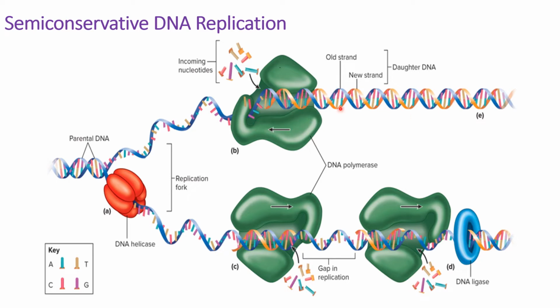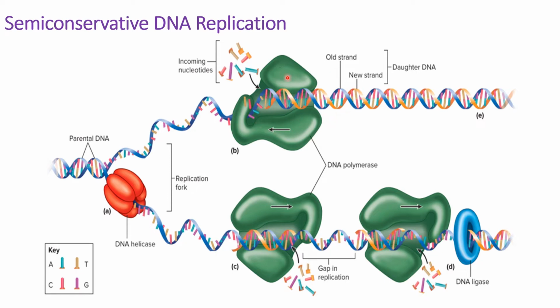We end up, again, with a double-stranded molecule, where one strand was the original parent DNA, and there is a complementary new strand that is being formed based on whatever bases the DNA polymerase reads on that original DNA strand. So your daughter DNA is going to consist of one old strand that came from the parent and one new strand that is a complementary version of that old strand.